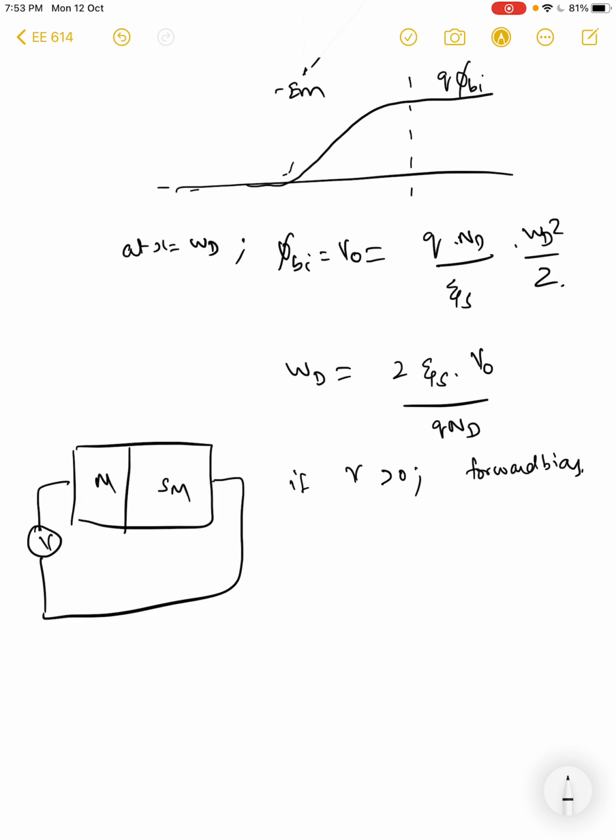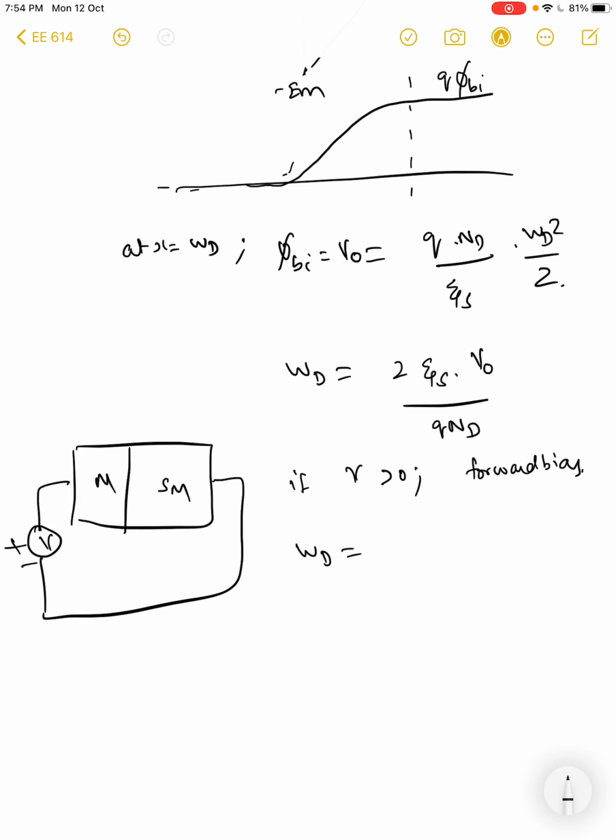And if we have a forward bias, then WD will turn out to be, actually is other way around, right? Because we have taken the semiconductor to be M, so V lesser than 0 will be the actual forward bias. No, sorry. Okay, so minus plus, so V greater than 0 will be the forward bias.